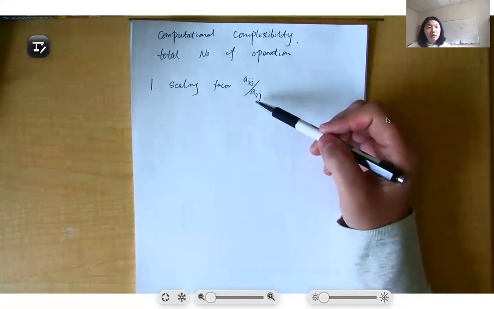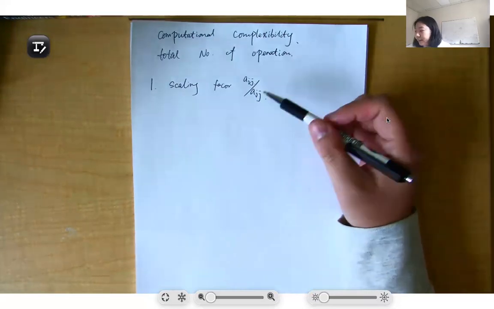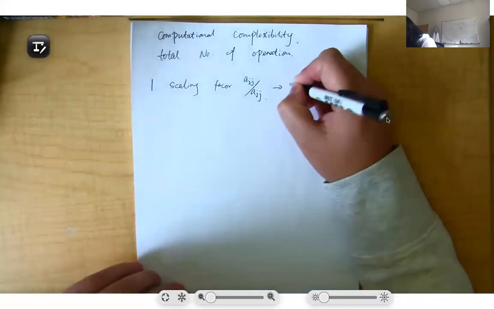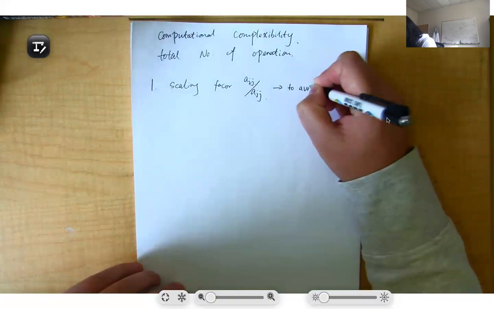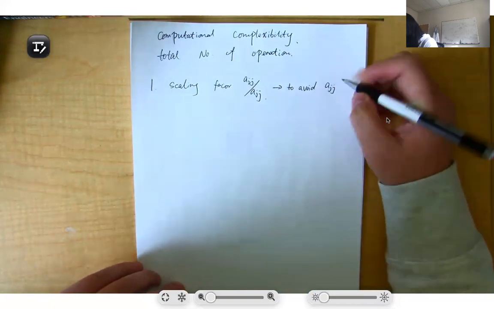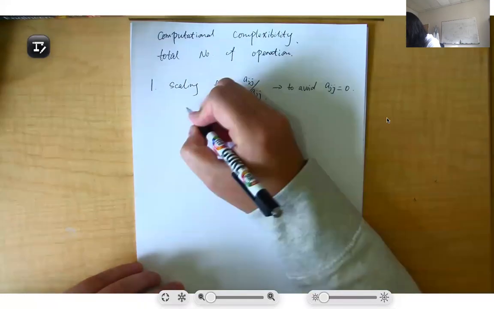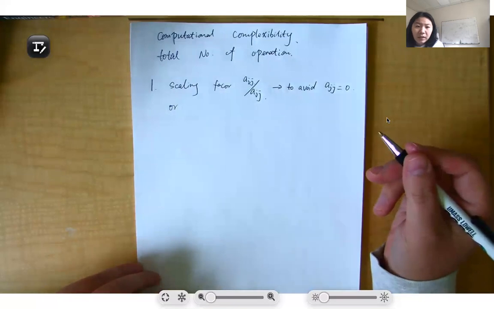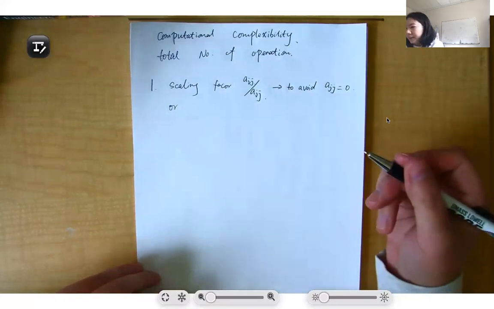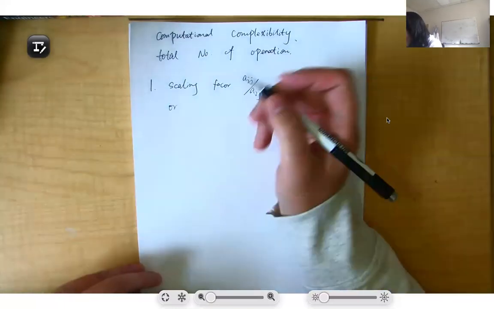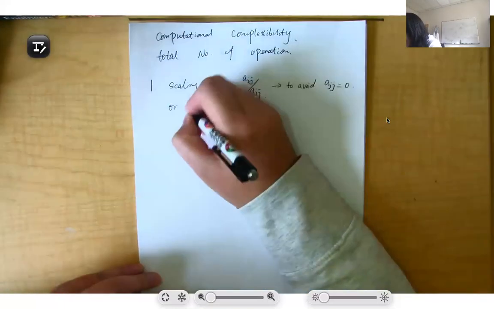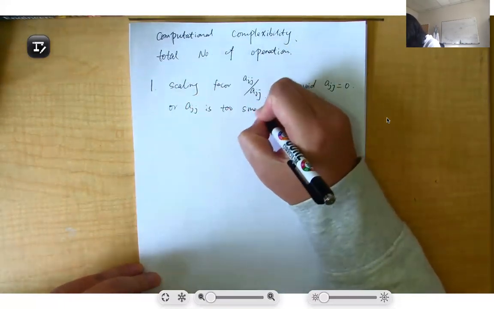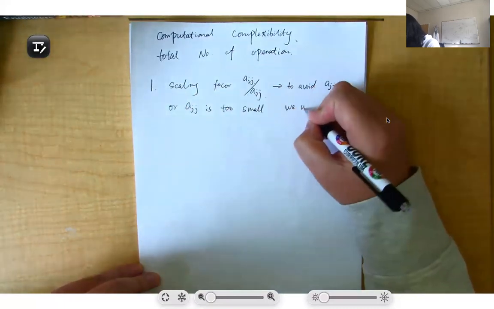So to avoid such an error, where Ajj equals zero, we usually do pivoting. Also, if Ajj is super small, then Aij divided by Ajj is so large that it is hard to solve. So to avoid Ajj being zero or too small, we will do the pivoting.